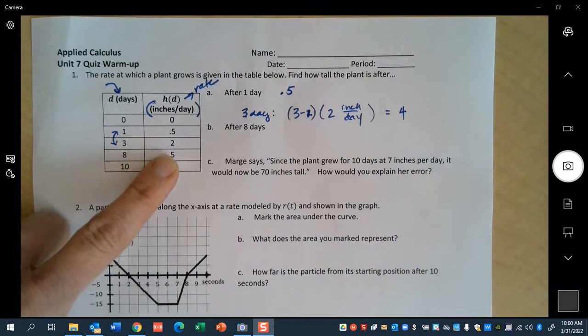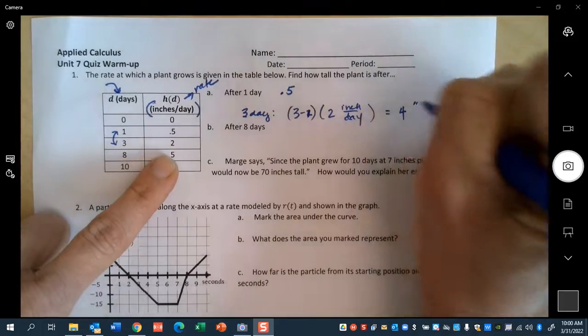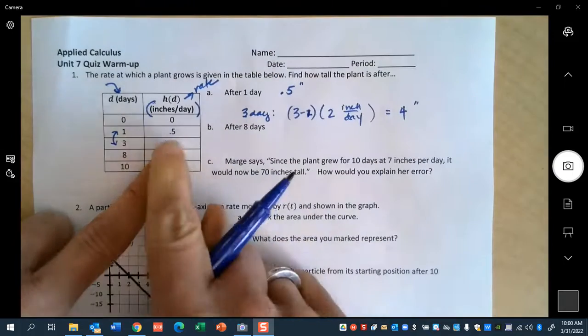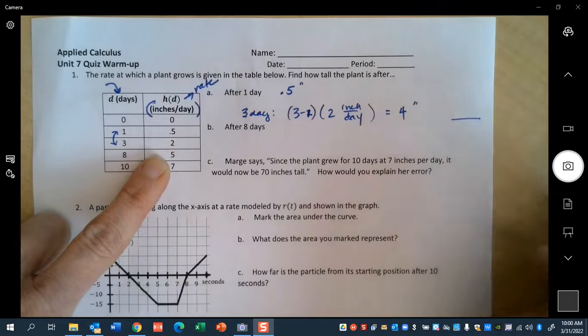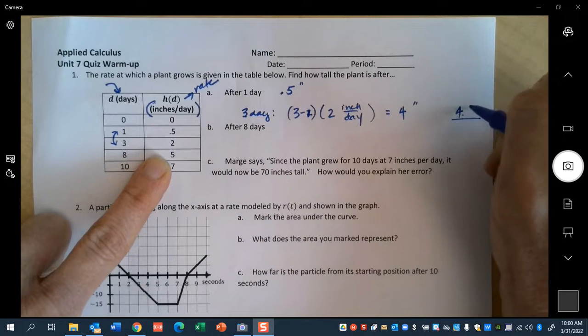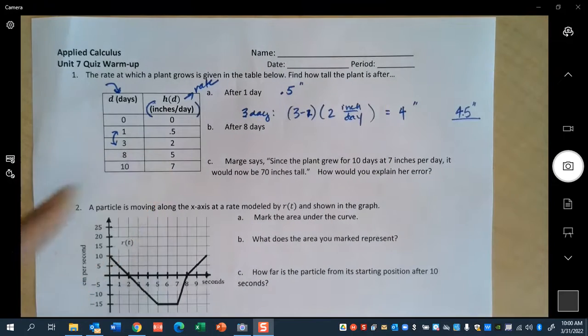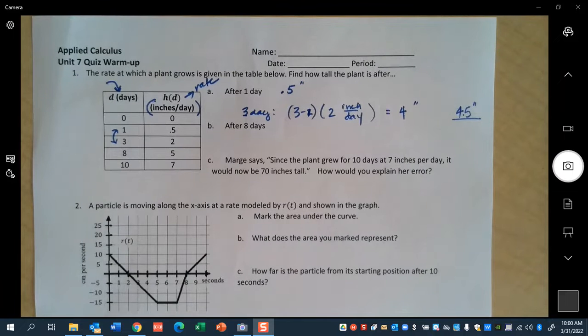So there's going to be a growth here of 4 inches during that time. My total that my plant has grown is now 4.5 inches. It wasn't growing at this rate here or here, but in between these two, I don't have that data, so I'm going to go ahead and assume this. Would you call that a right hand or a left hand sum?